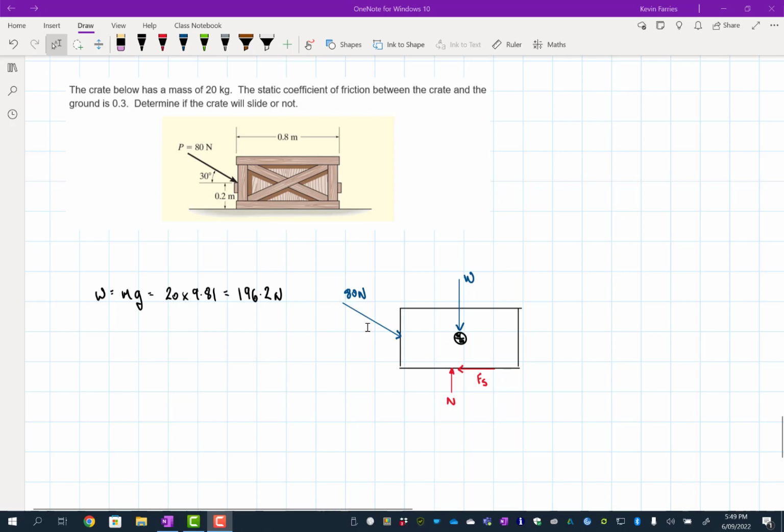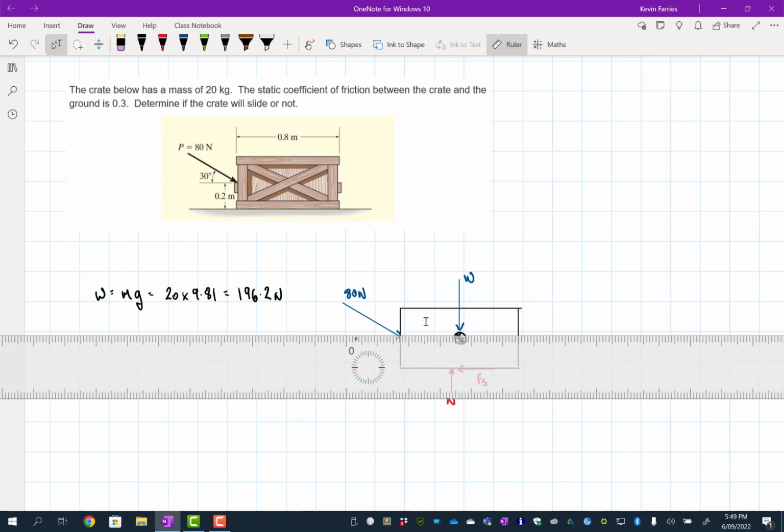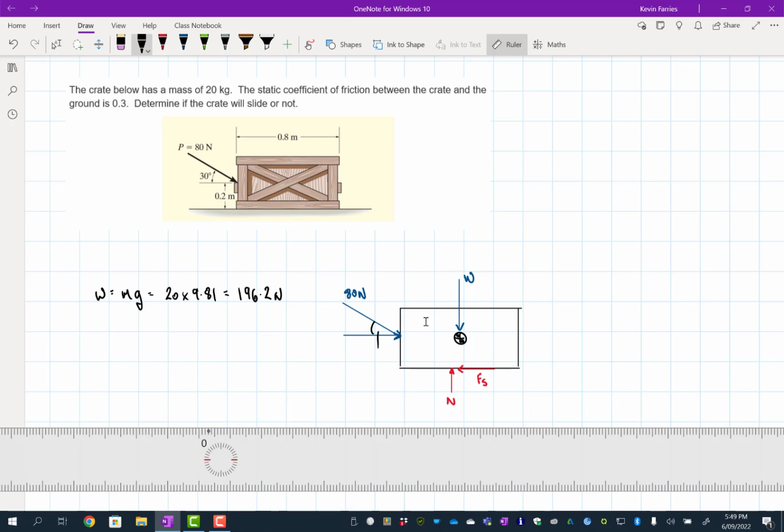Then we're going to think about this force here, and it's going to have two components. It's going to have one component that's acting horizontally, parallel to the surface, like so. And we know that that angle is 30 degrees.